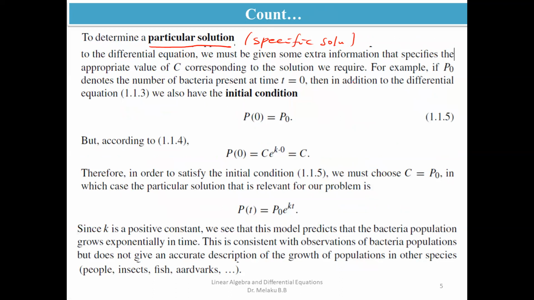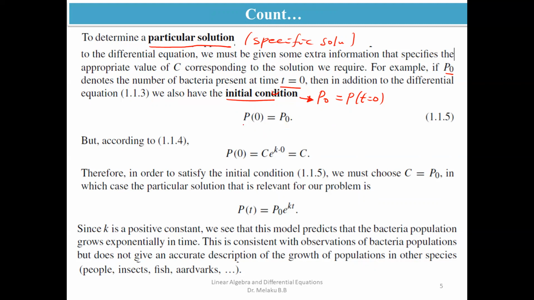If P naught denotes the number of bacteria present at t equal to 0, which means P naught is P at time 0, then we have the initial condition.